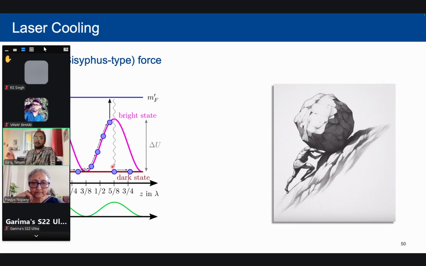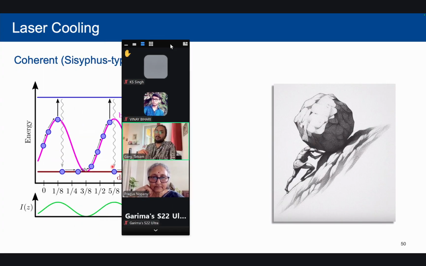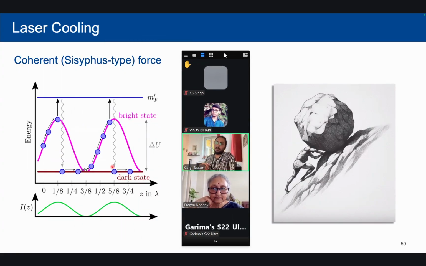And when it scatters the photon, it still gets this random recoil from the photon, if you remember. That random recoil, that random walk is always going to be there, because as long as you scatter a photon, you get some random recoil. So the minimum energy you could reach was the single photon recoil limit.